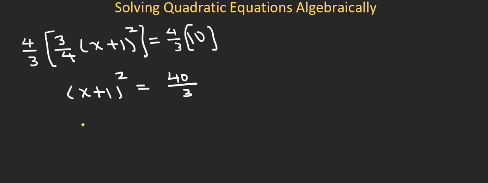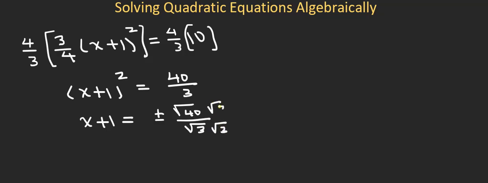When you take the square root of both sides to get rid of the square, you end up getting plus or minus radical 40 over radical 3. We could simplify radical 40, but let's multiply the top and bottom by radical 3, because we're not supposed to have a radical in the bottom.